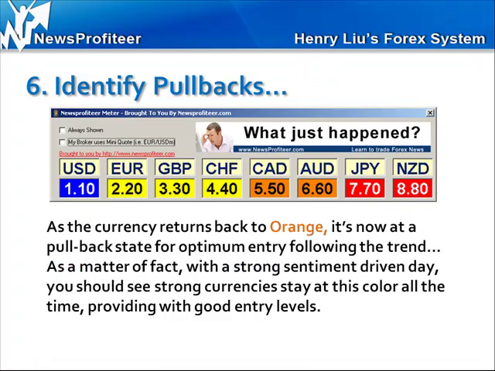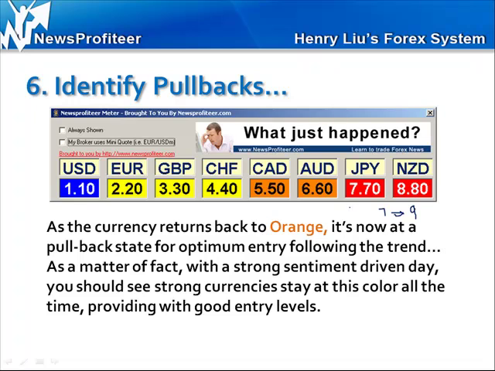Now, the fifth way of using this is to use it to identify a pullback. Usually the market starts to push forward, and you're looking for a retracement, and I do that a lot. I like to wait for a retracement before I jump into the market. So what I like to do is I see the market showing red anywhere from 7 to 9.